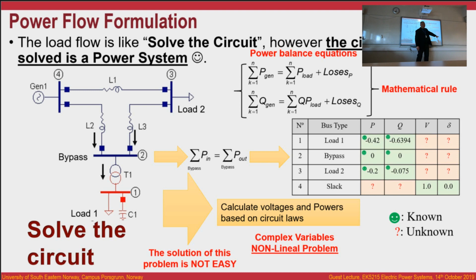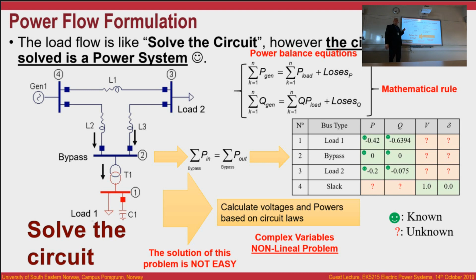But inside the electrical power system, here we have a load. And this load is described by P and Q. Here we have another load, and that load is defined by P and Q. And here we have a generator, and in this case, bus bar number 4, we know the voltage.